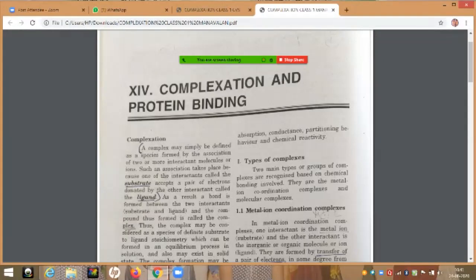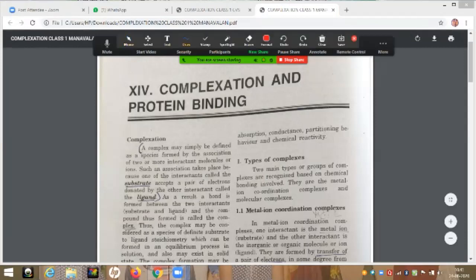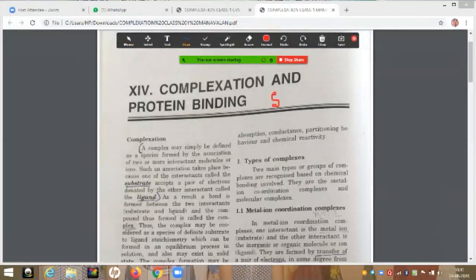So, in pictorial representation, there is a substrate and there is a ligand. Ligand will donate its pair of electrons to this substrate, and these two will interact to form a substance which we call a complex.